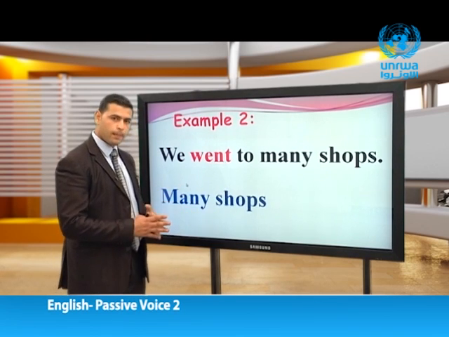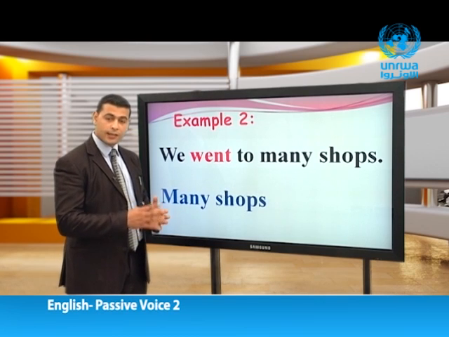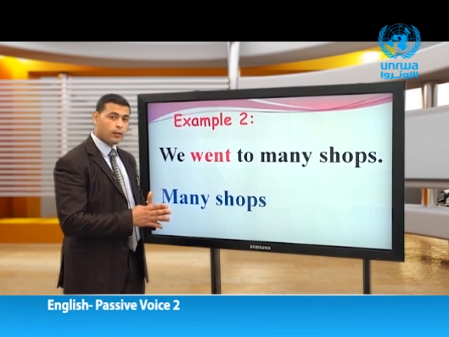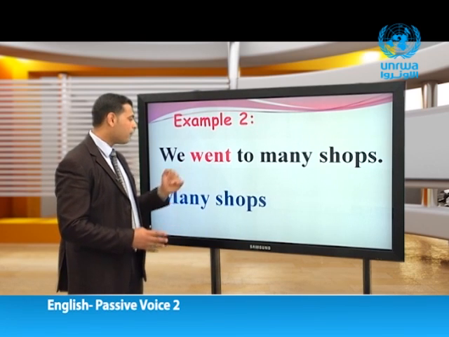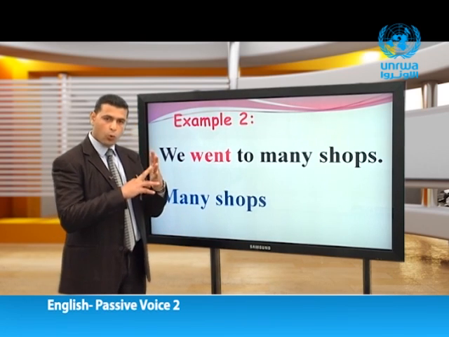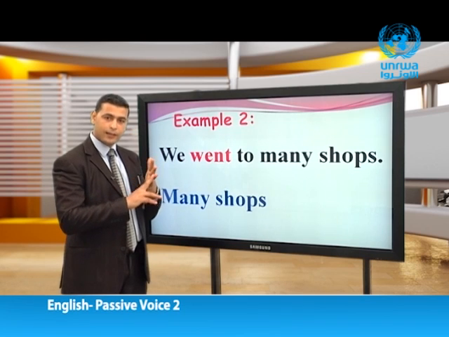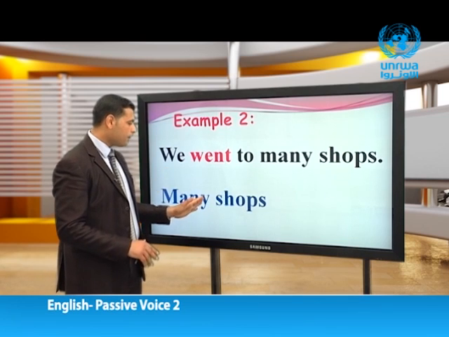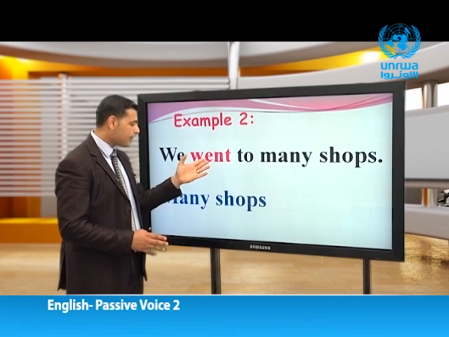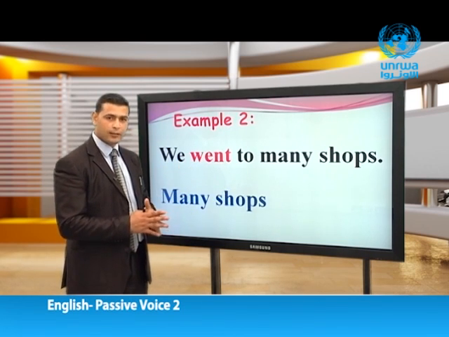Many shops, is it singular or plural? Excellent, it's plural, many shops. Okay, what about the verb went? Go, went, gone. Went, it's in the past simple. So here we need a helping verb in the past to fit the plural subject.